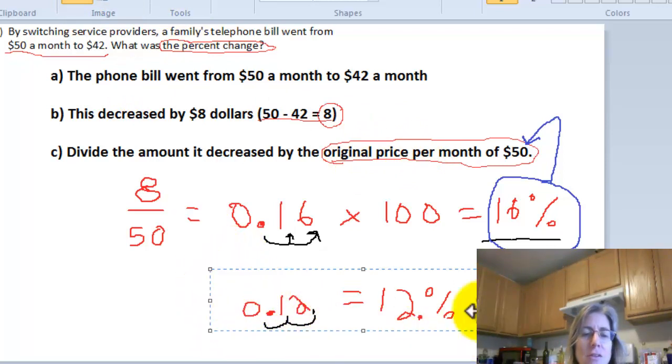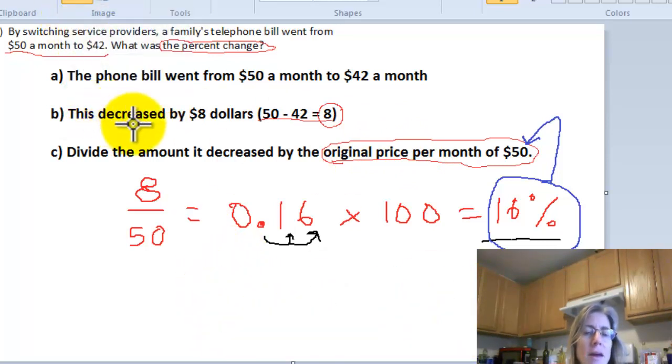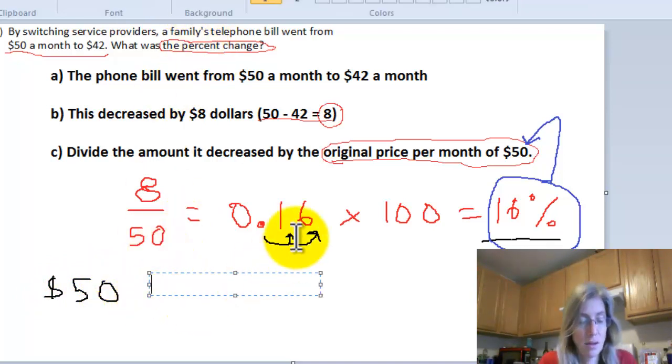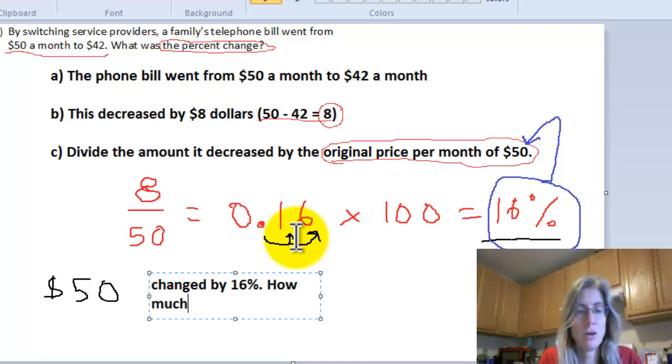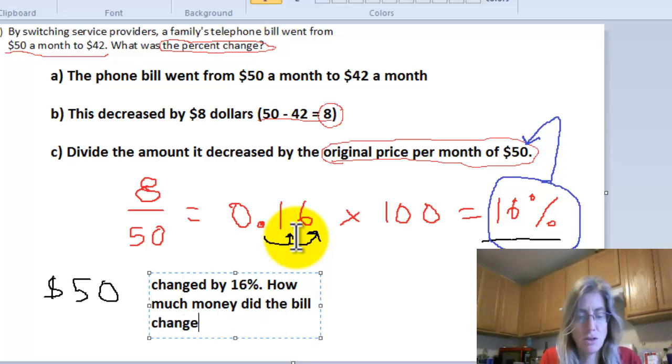If I took that off, if we work the problem backwards, if somebody said my bill started at $50 and the bill changed by 16%, and then it said, well, how much money did the bill change by?